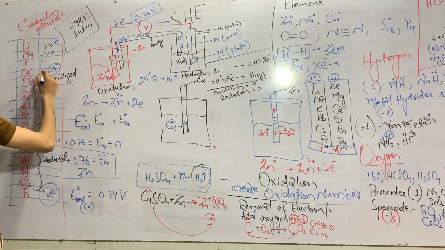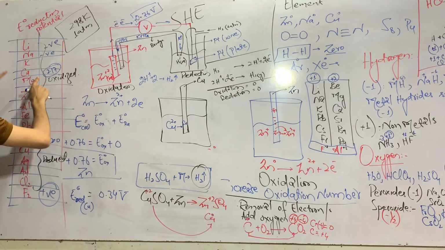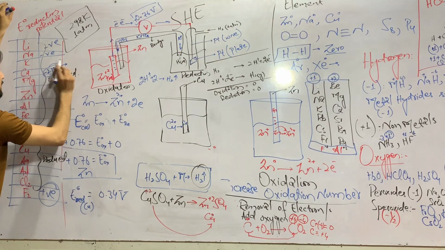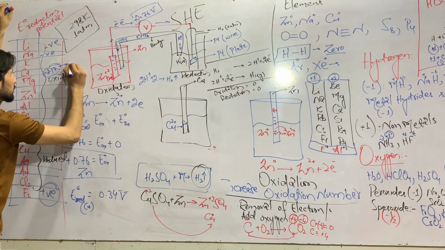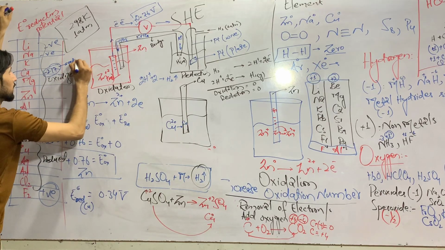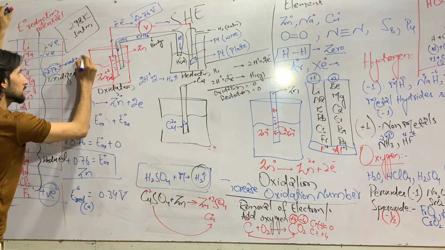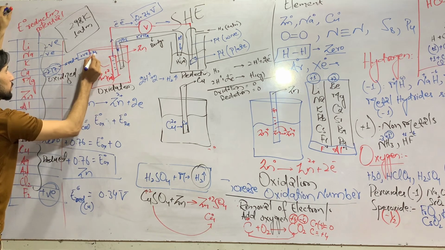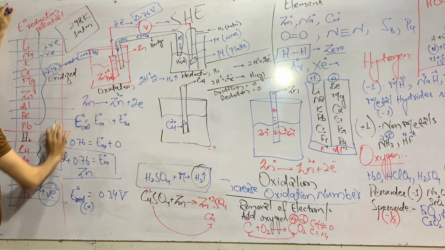You correct me if I'm wrong. So 2 point something in minus means that it has negative reduction potential, so it must have positive oxidation potential, about positive 2.17 or 2.18.